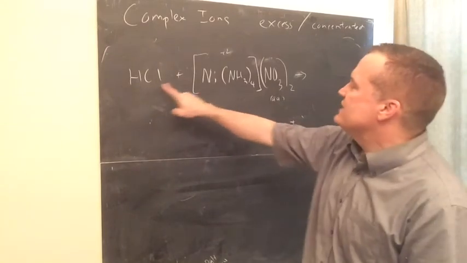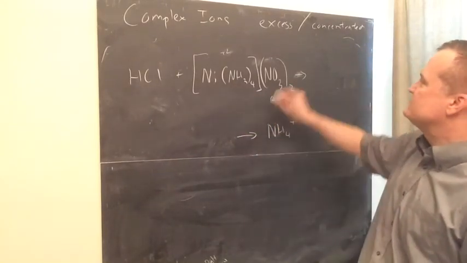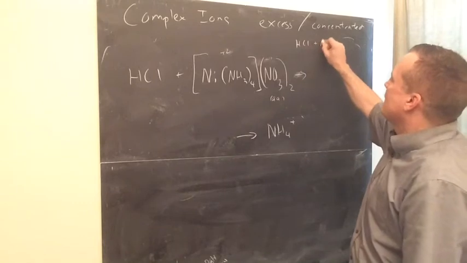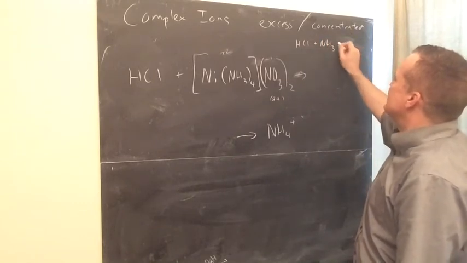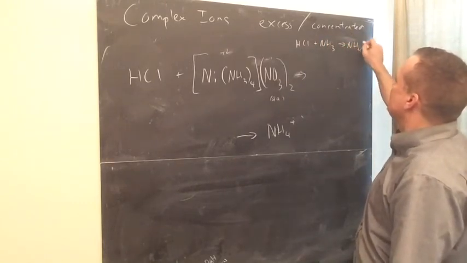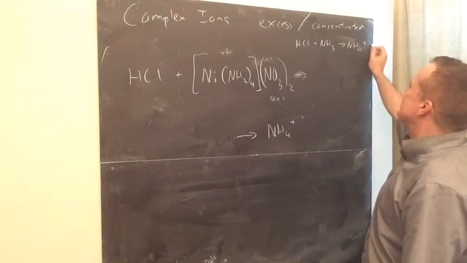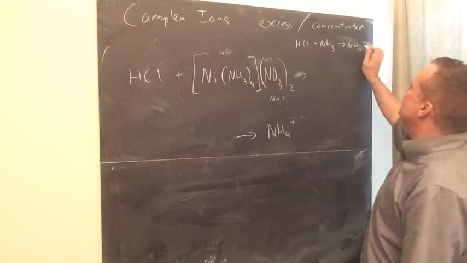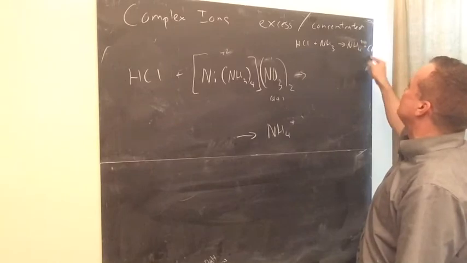You should know that HCl and ammonia always gives you NH4. That's a reaction in itself. That will give you NH4 plus. And, of course, you'll get Cl as well. But the Cl will end up being a spectator ion, ammonium chloride.